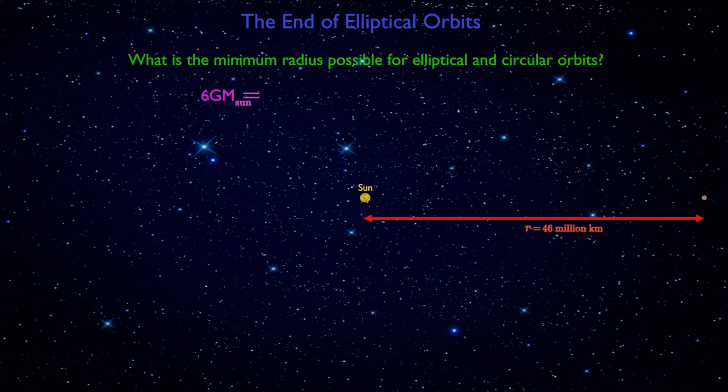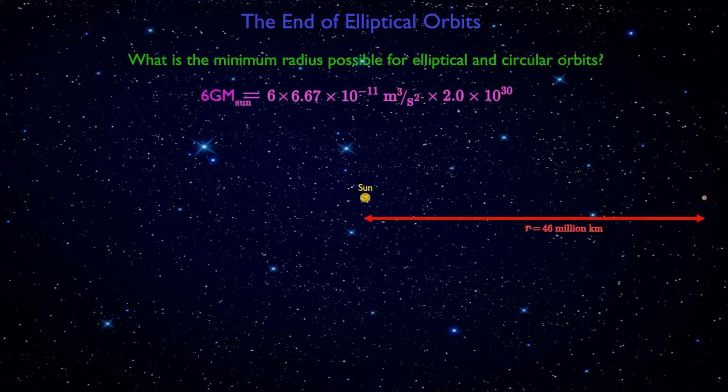Putting in the value of G, Newton's universal gravitational constant of 6.67 times 10 to the negative 11 meters cubed per kilogram second squared, and the mass of the Sun, 2 times 10 to the 30 kilograms, we cancel the kilograms, but are still left with the units meters cubed per second squared.